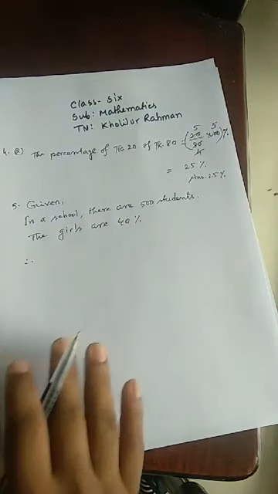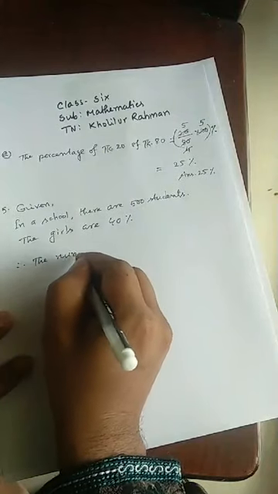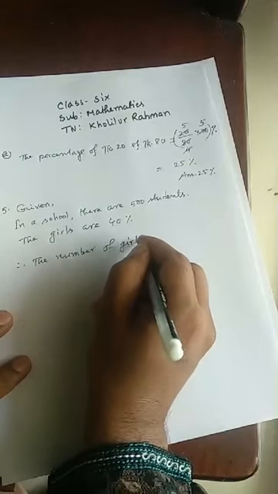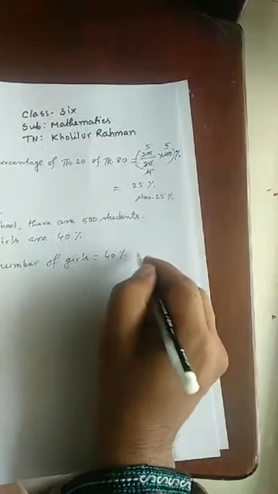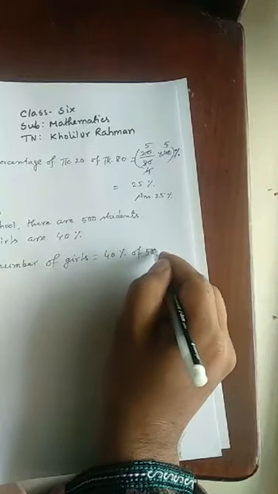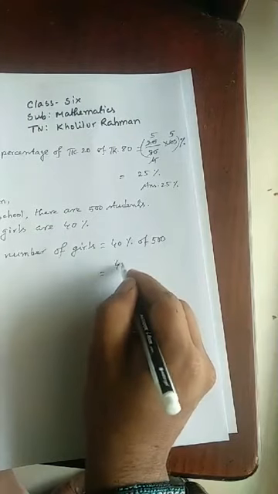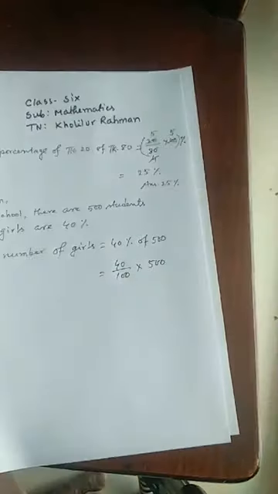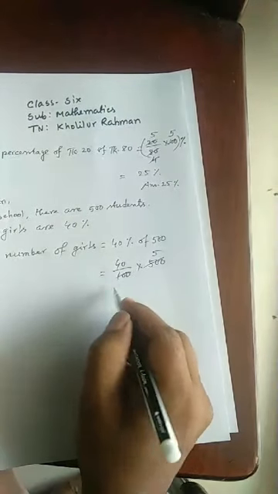So the number of girls equals 40% of 500. So 40% means it will be 40 by 100 into 500. Am I right? So you see, you may cut it, 5 4s are 20.